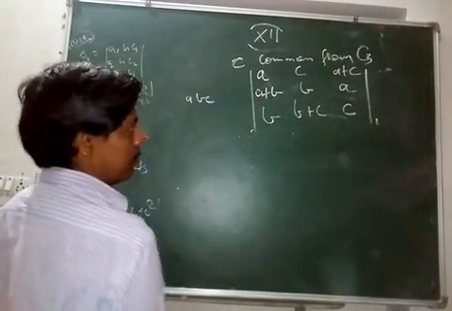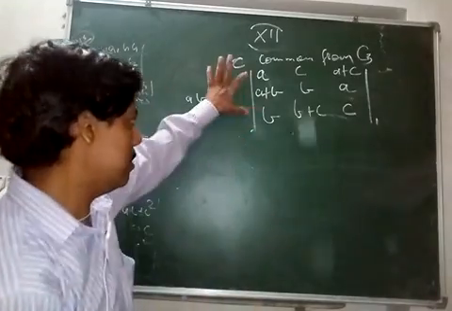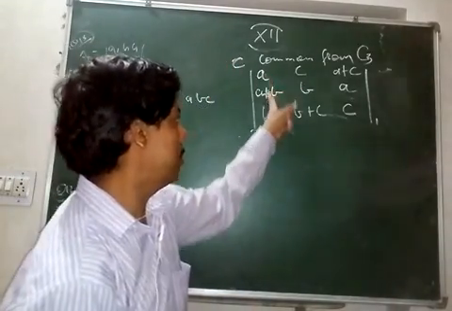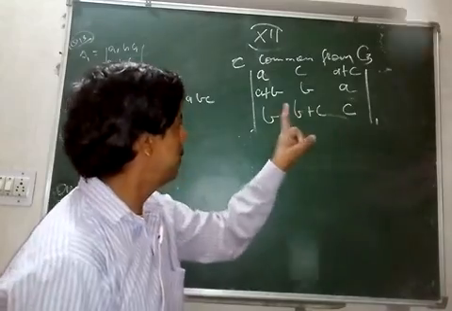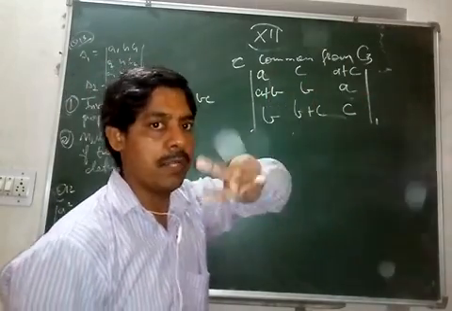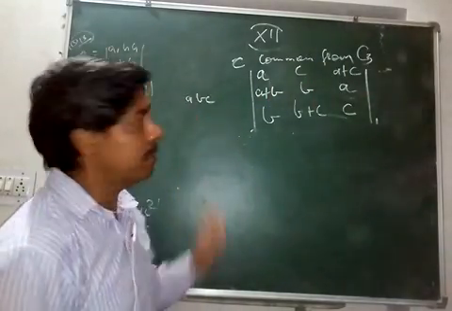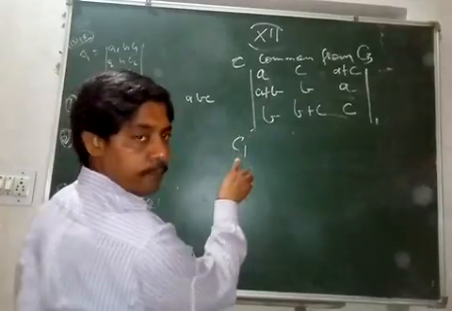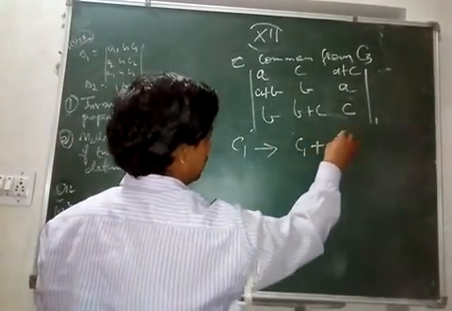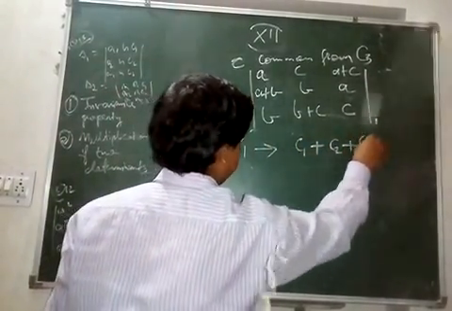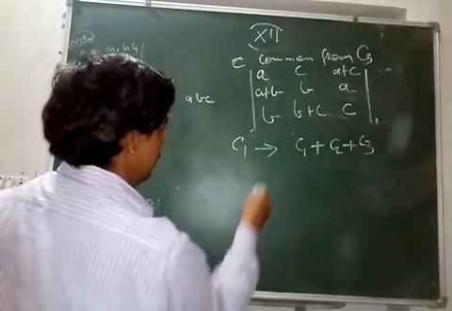If I add to column 1, column 2 and column 3, I'll get a plus c, a plus c, so twice a plus c, because we wanted 4 outside. So I am doing column 1 transformed to c1 plus c2 plus c3. I am adding all three to c1.